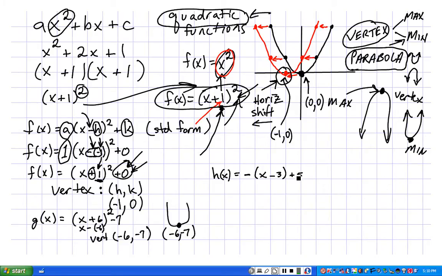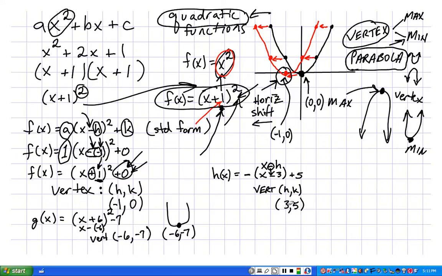Alright, so in this case, my vertex, which is (h, k), would be (3, 5). Remember, because the formula says x minus h. So this minus sign is part of the formula for standard form. Right? So the 3, oops, I didn't mean this. Take that off.